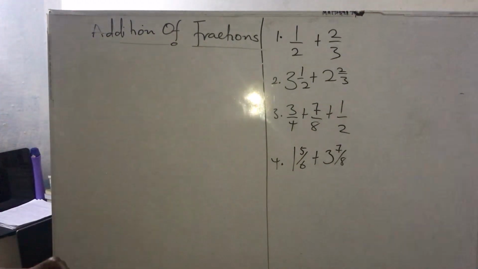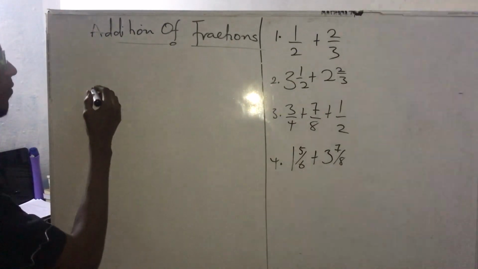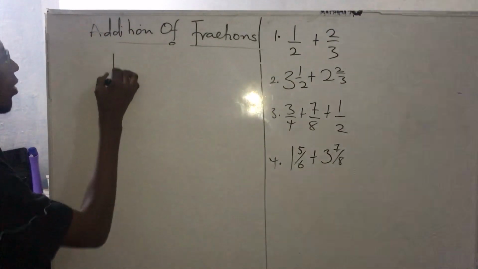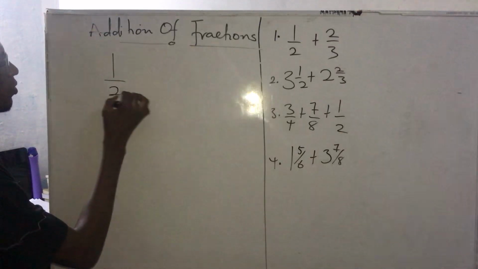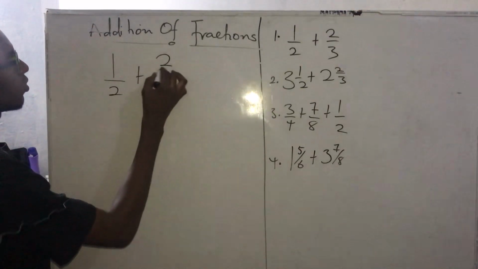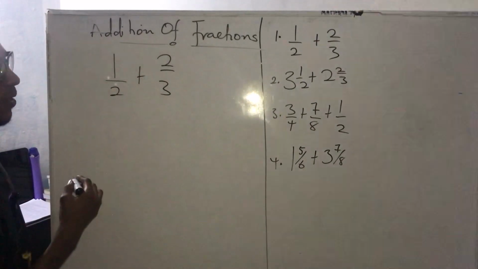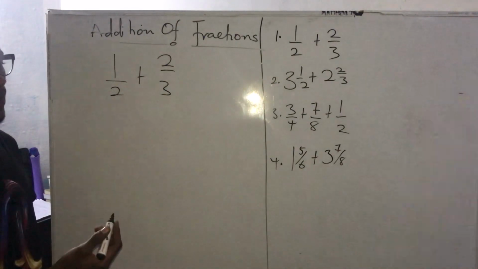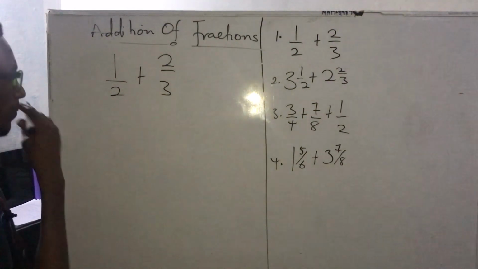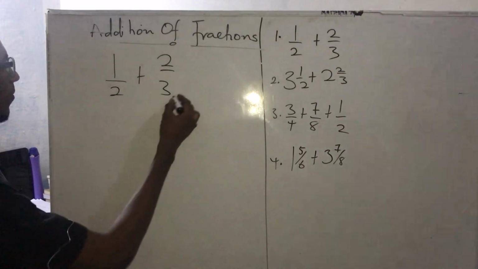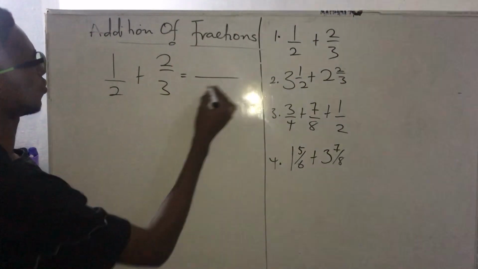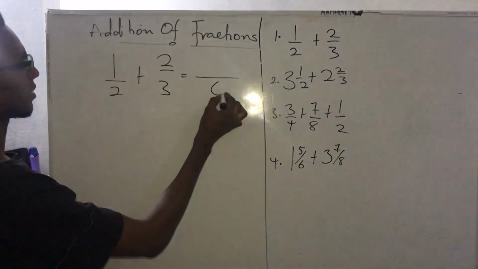Now we have the first question: 1 over 2 plus 2 over 3. The first thing we have to look for is the LCM, as we did previously. The LCM for 2 and 3 is 6.